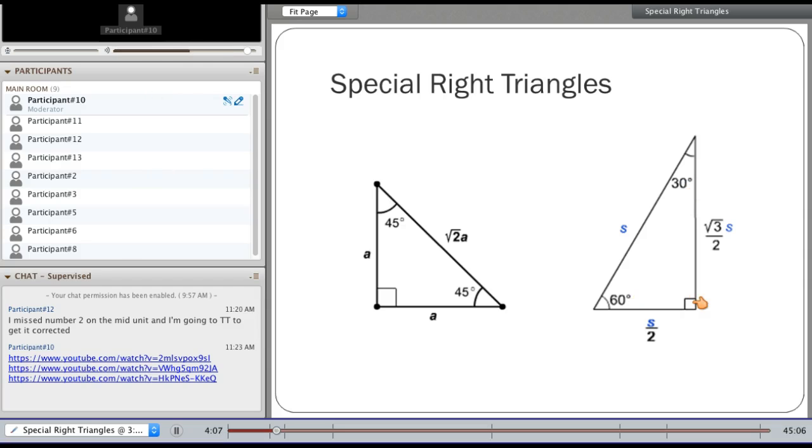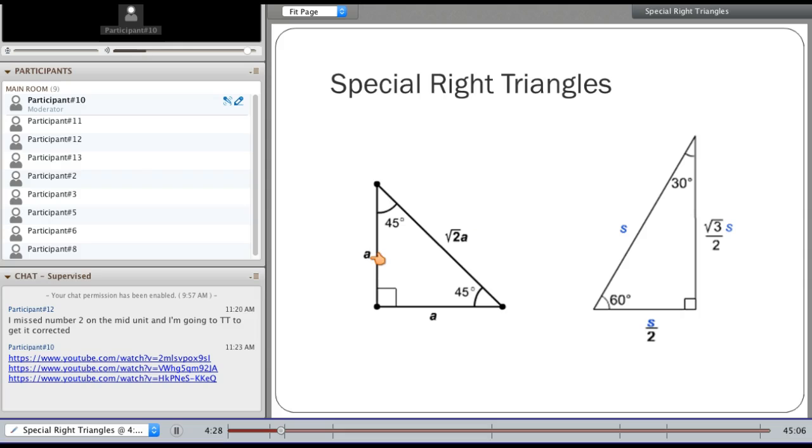So if this was 29, 61, and 90, all this would get thrown out the window. You can't use this. So it has to be exactly 30, exactly 60, and the 90 is implied because it's a right triangle. And then the other special right triangle we'll learn about is 45, 45, 90.